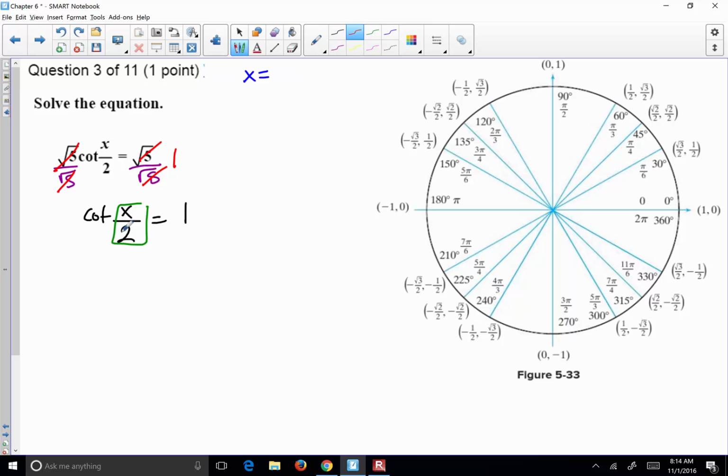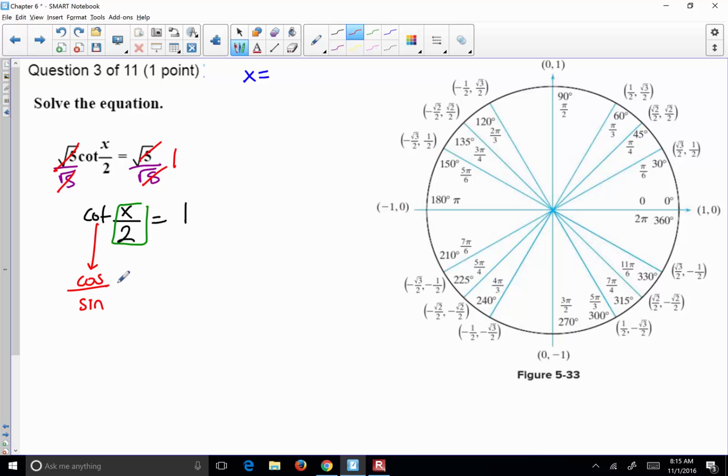Well, what's the meaning of cotangent? Now this table is for sine and cosine values. Remember, this is cosine, this is sine. How do I get cotangent values? Just think of cotangent as cosine over sine.